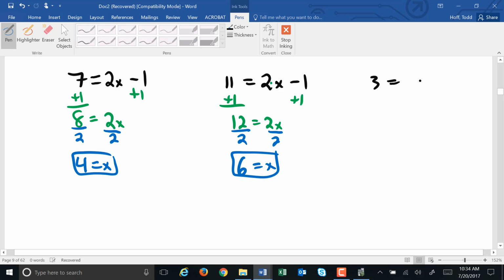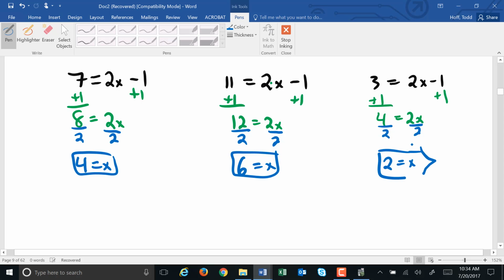In fact, we could have 3 equals 2x minus 11. Our steps to solve it are going to be exactly the same. Add 1 and divide by 2. Now we get 2 equals x. All that was different here was this first number.